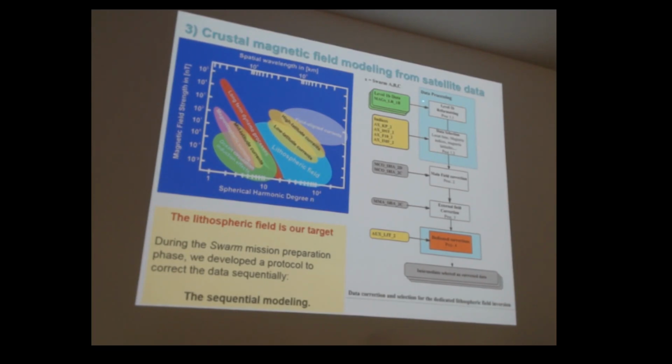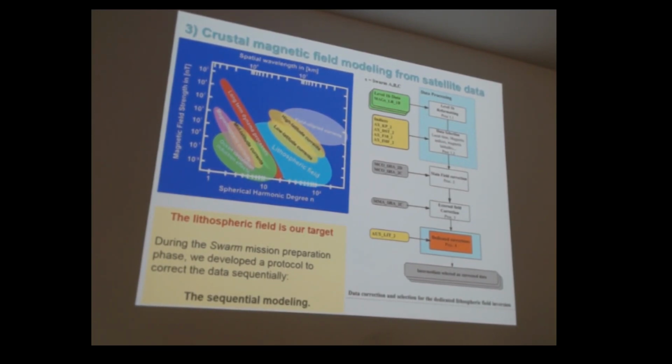First step, I wanted to detail this because usually this is absolutely all the topics of IAGA. There is nothing left. So you have instrumentation, satellites, and so you get the data.